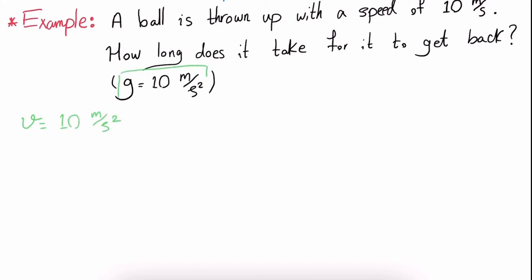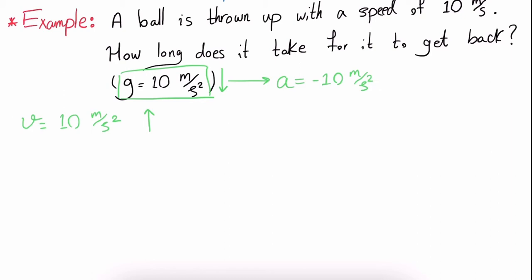We know the acceleration, which is given to us as 10 meters per second squared. But because the speed is upwards and the acceleration is downwards, we have to use a negative acceleration. So in this case, our acceleration will be minus 10 meters per second squared.